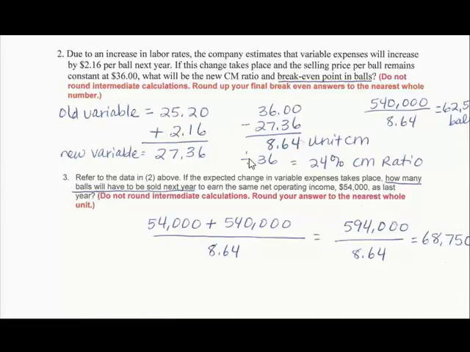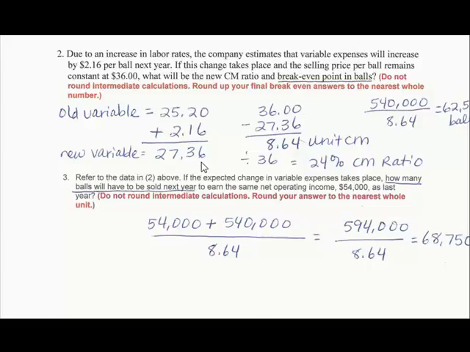Now moving on to question 2, it says, due to an increase in labor rates, the company estimates that variable expenses will increase by $2.16 per ball next year. So you'll see that I took the old variable expense per unit and added the 2.16 to get my new variable expense per unit.